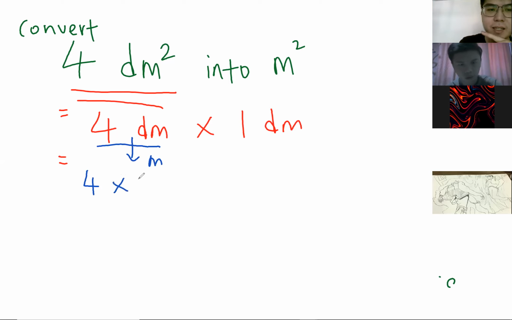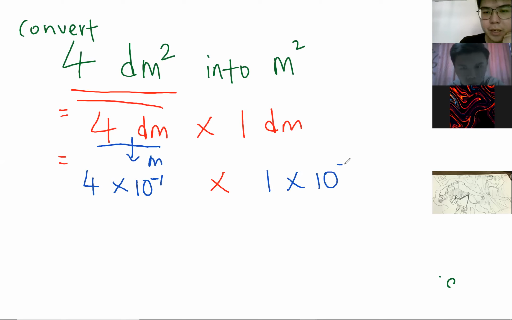The factor of d is 10 power of minus 1. So 4 times 10 to the power of minus 1, and then times, this one also we change, 1 times 10 to the power of minus 1.